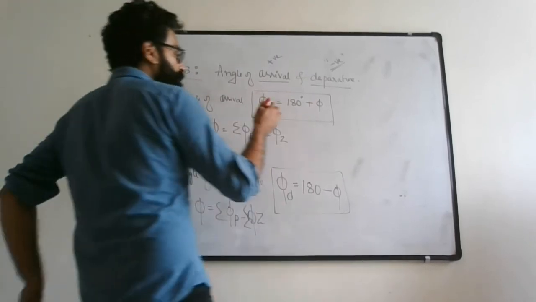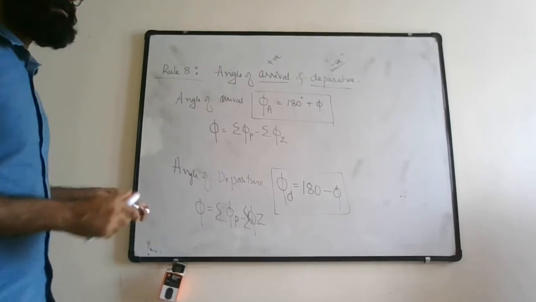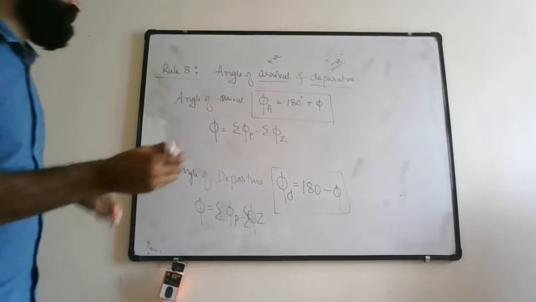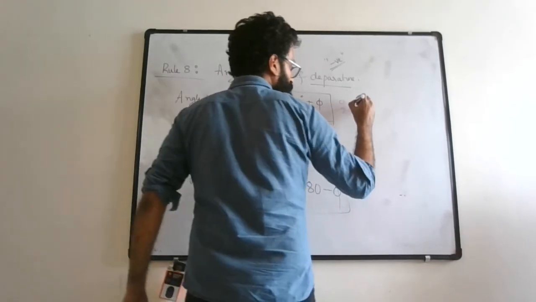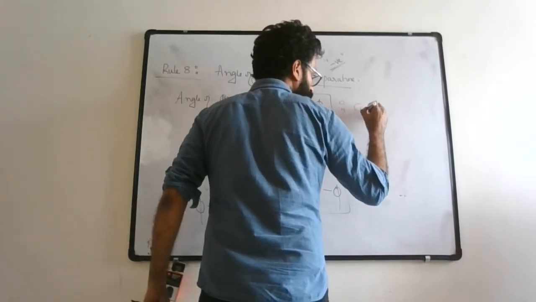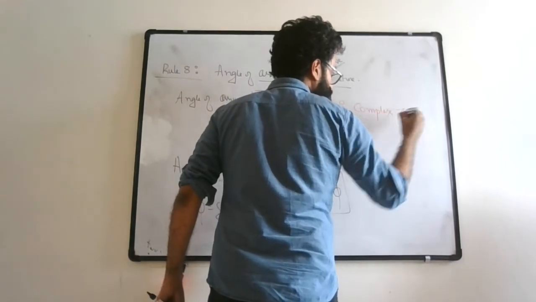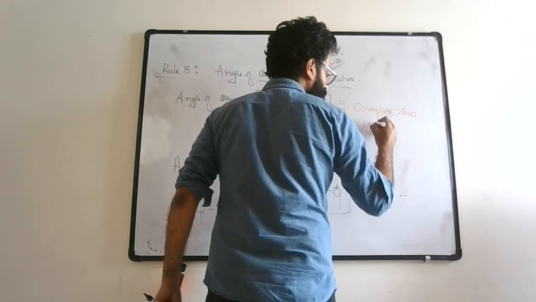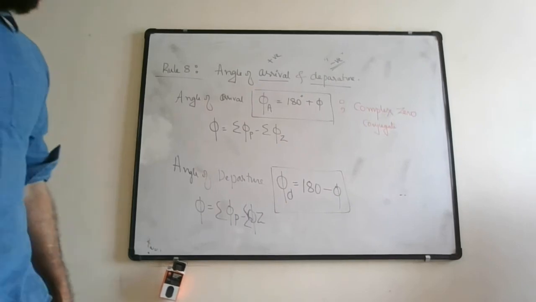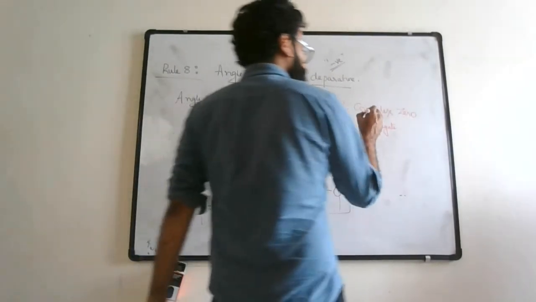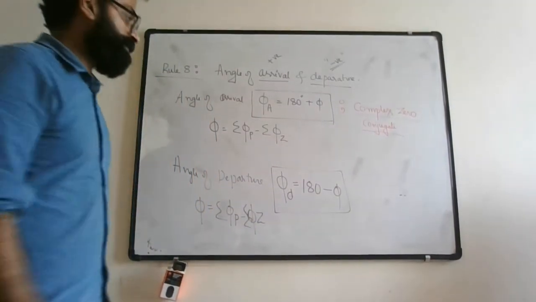Now, when to apply the phi a equation and when to apply the phi d equation. Equation phi a is applicable for complex conjugate zeros. So angle of arrival is applicable only if you have complex zeros in your transfer function.